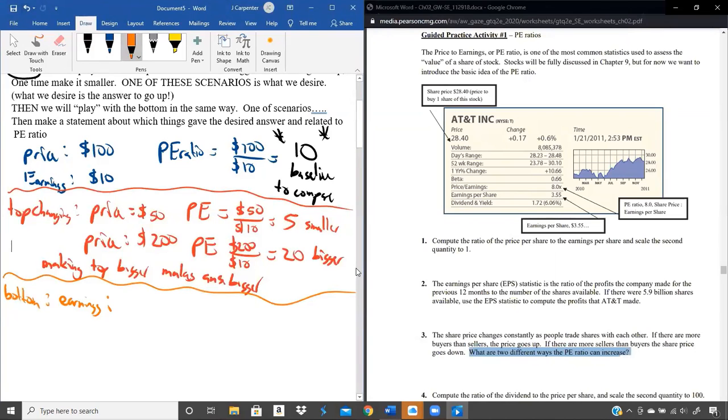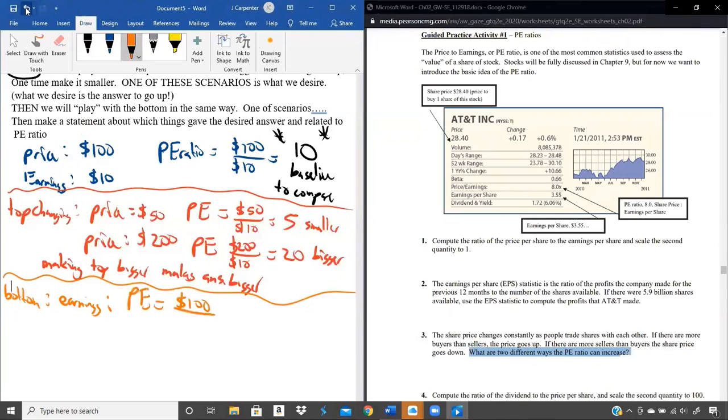All right, so earnings is what we're changing. Well, what do we make the price? Do we go with the 50 or the 20? We are ignoring all of this now. We're going back to the baseline scenario. So we have to use the 100 for the price. So it's 100, I gotta write PE first. PE, with the 100 for the price.